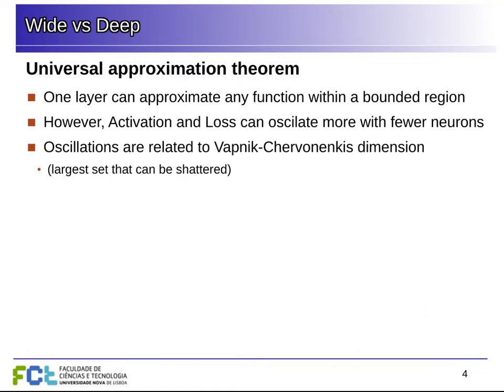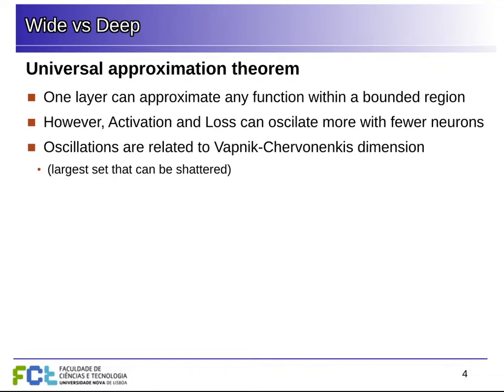And when we're dealing with problems of classification, for example, the power of the classifier is proportional to the ability to shatter the data sets. So basically, we need more oscillations to be able to shatter data sets better. I'm going to explain a bit more what that is. So those of you who took machine learning probably remember the Vapnik-Chervonenkis dimension.